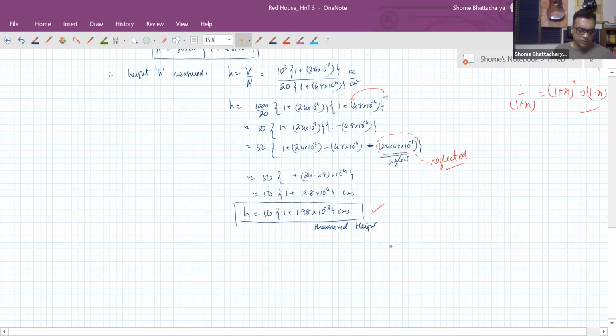So this height will become 1.00198 into 50. So about 50.01, so 50.1. So this height will come out to be nearly 50.1 centimeters.